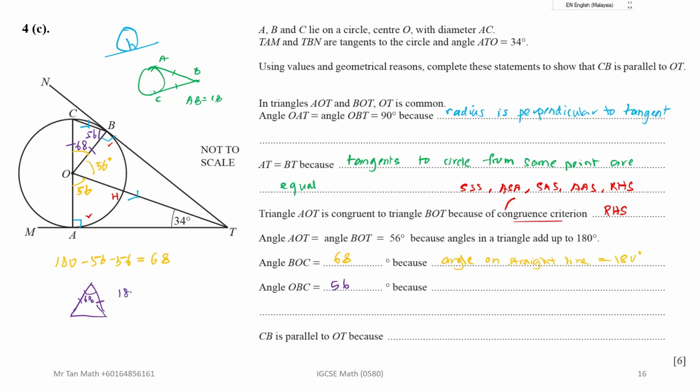So you take 180, minus 68, divide by 2, and you get 56.